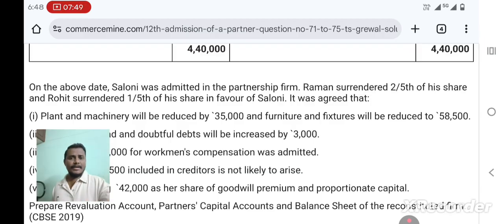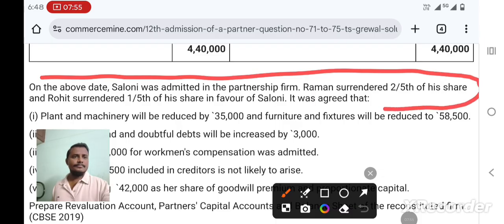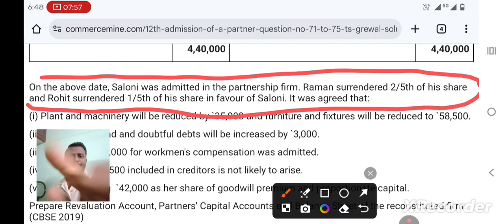In this paragraph they have told us the above date. If you read this, on the above date, Saloni was admitted in the partnership firm. Raman surrendered 2/5 of his share and Rohit surrendered 1/5 of his share in favor of Saloni.